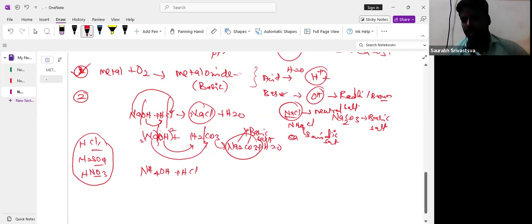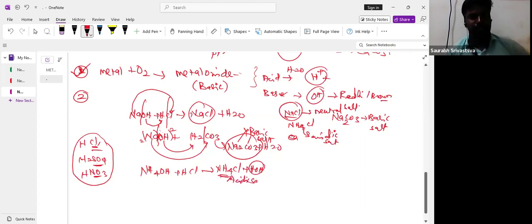If Na is along with Cl, then it is a neutral salt. Along with SO4, Na is there, then it is a neutral salt. Sodium, potassium or rubidium, if these elements are connected, then it is a neutral salt. Here also same. So here you can write NH4Cl plus HOH, that means water. So this is called an acidic salt.